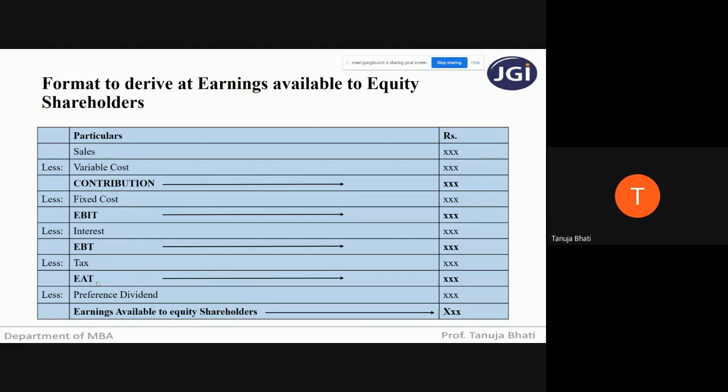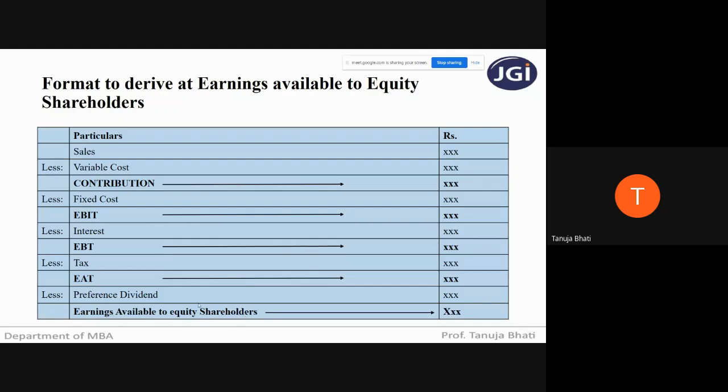Students, remember, whatever is remaining at last after paying the preference shareholders goes to the equity shareholders. So from EAT, less the preference dividend, you get earnings available to equity shareholders. This is a format where you can derive the earnings or returns available to equity shareholders.